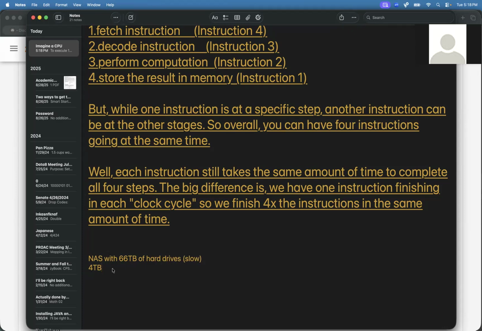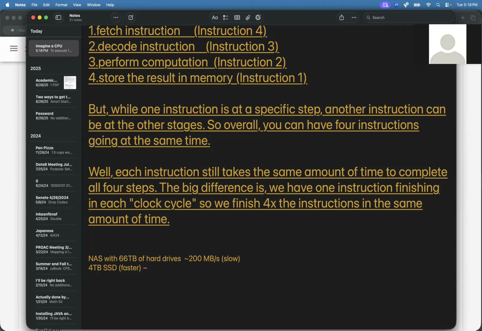Then I have a 4 terabyte solid state drive in this computer. This is faster than the hard drive. Specifically, how slow are these? I've got 3 or 4 of them running, so let's just say 200 megabytes per second. And how fast is the solid state drive?